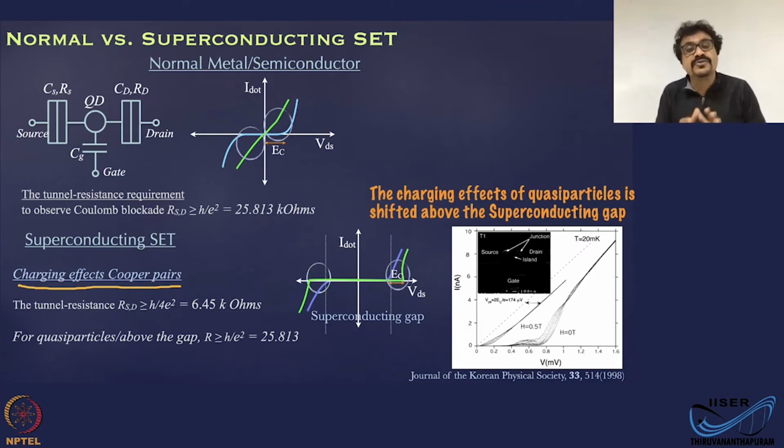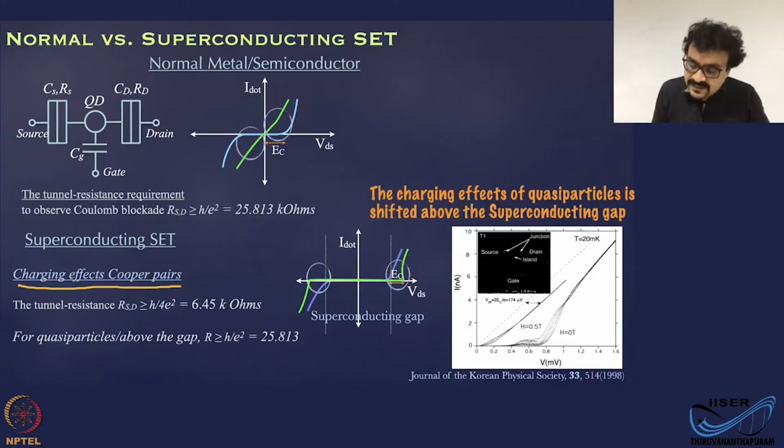It is 1/4 of 25.813 kilo ohm. What that means is, to observe Coulomb blockade or charging effect of transport which involves Cooper pairs, you require only 6.45 kilo ohm. You don't require the 25.813 kilo ohm as the junction resistances.